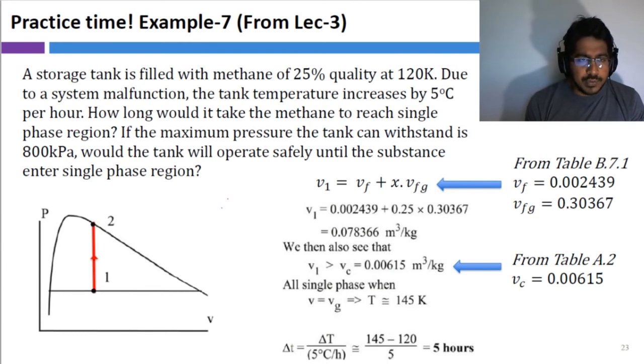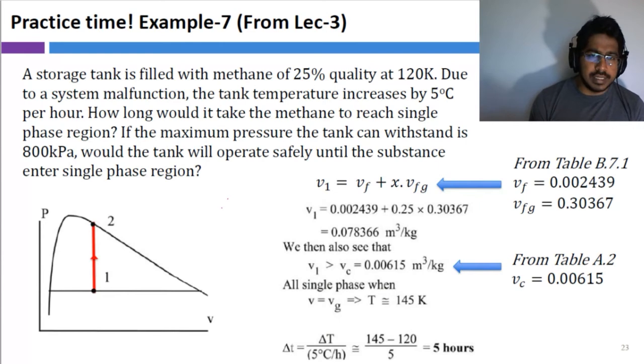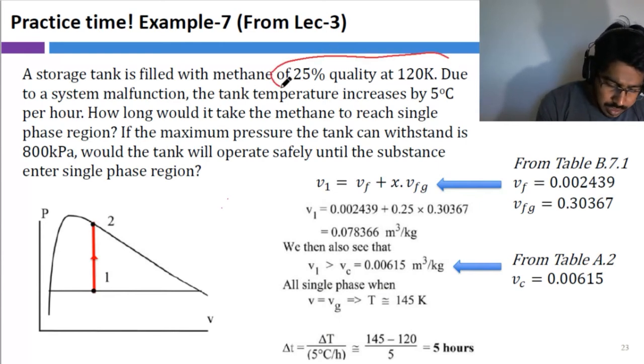A storage tank is filled with methane of 25% quality. So 0.25 is our quality, right? At 120 Kelvin. The temperature is given in Kelvin, so please note that. Due to a system malfunction, the tank temperature increases by 5 Celsius per hour. Our initial state is mentioned here.